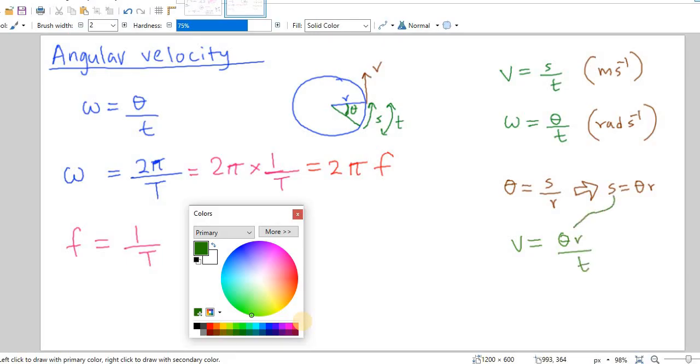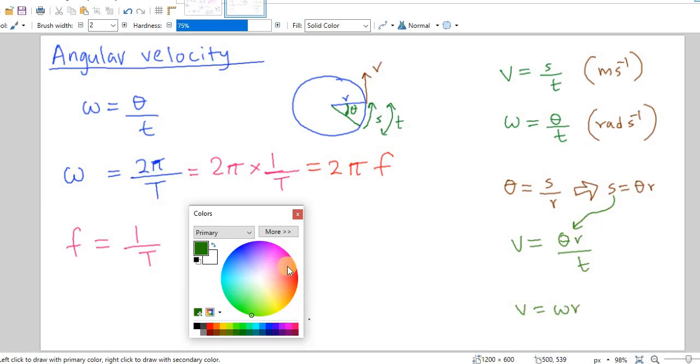Now theta over t, what is that? Omega. So we have v equals omega r.